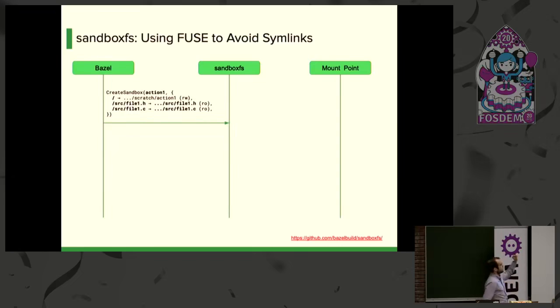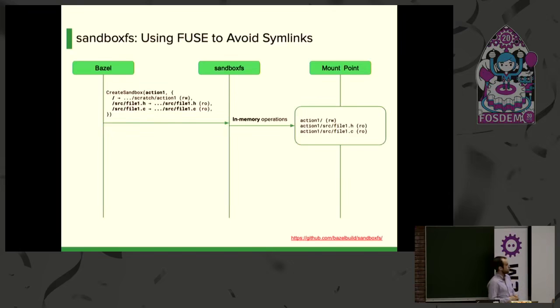And I actually want the root directory of this action to point to a specific location that will be writable, and the source files have to be put inside in read-only mode. These are not symlinks. These are just actual real files that will be put in the directory. So then sandboxfs comes in, does some in-memory operations only based on this data, and exposes those files in the file system. So we can then, with that, go into there and run the command.